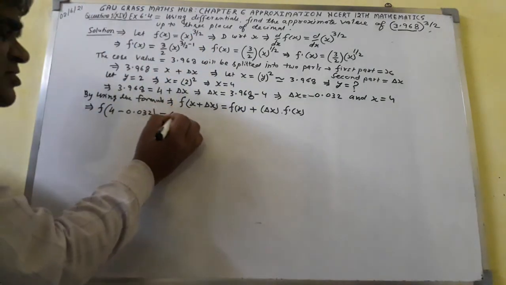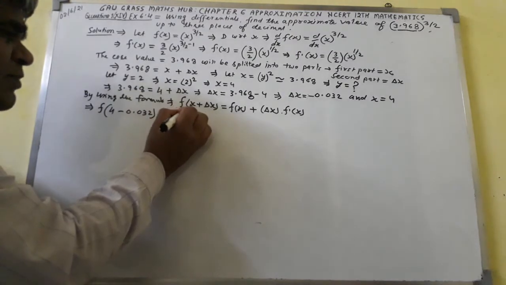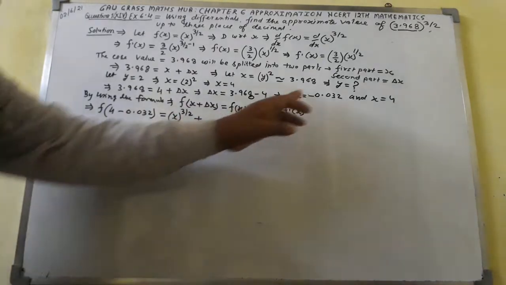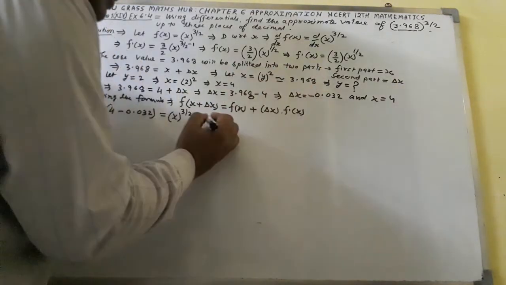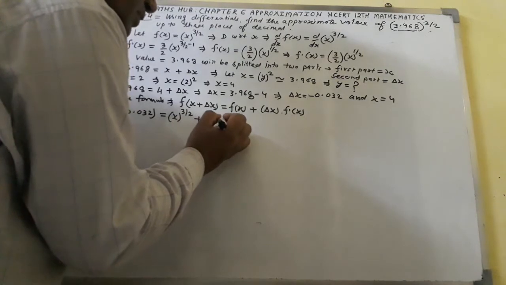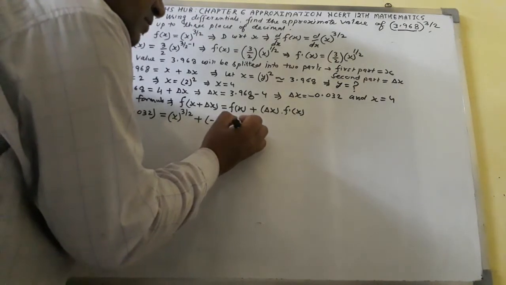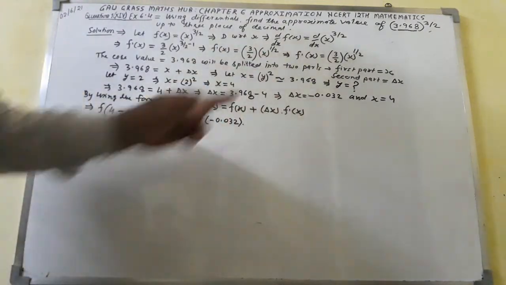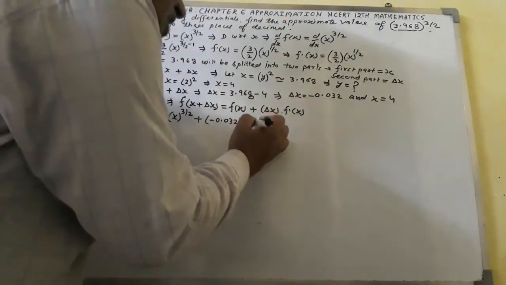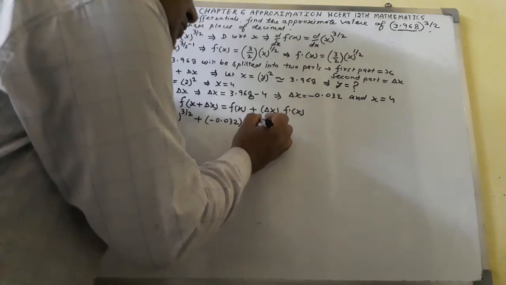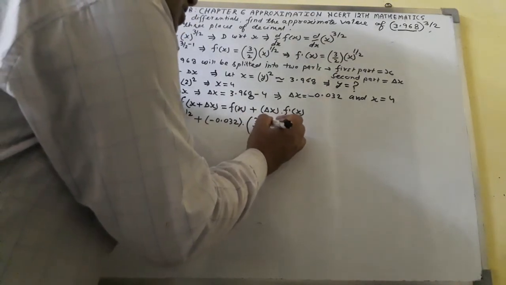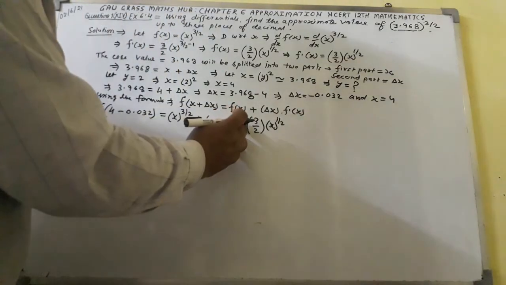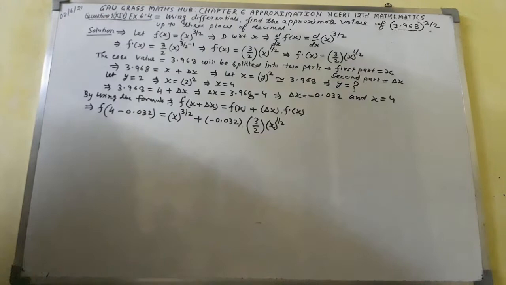So here write x raised to the power 3 over 2 plus the value of delta x, I shall write this one, minus 0.032, dot f dash of x. f dash of x I shall take from this place. So here I shall write 3 over 2 x raised to the power 1 over 2. This value you have got. Here don't write point.